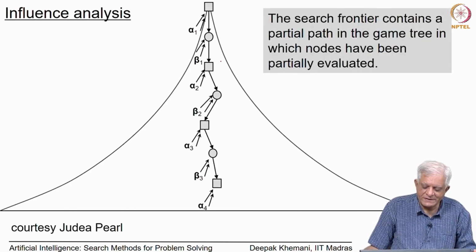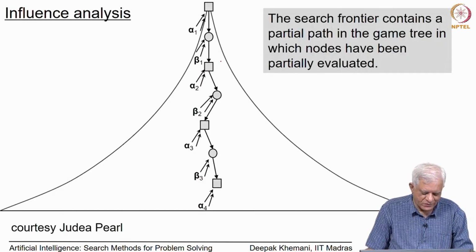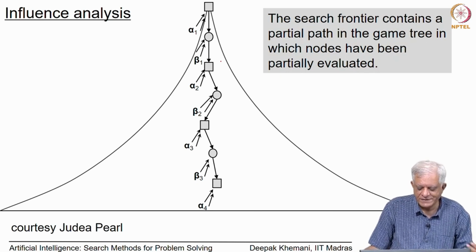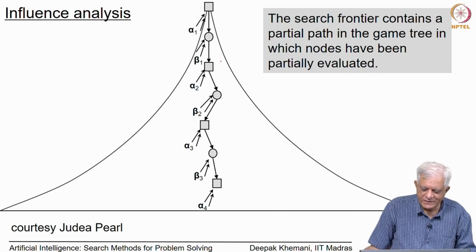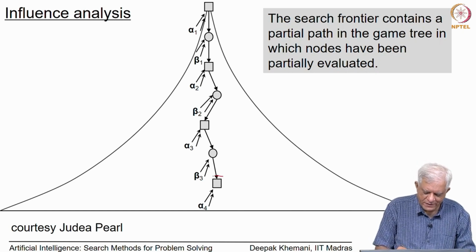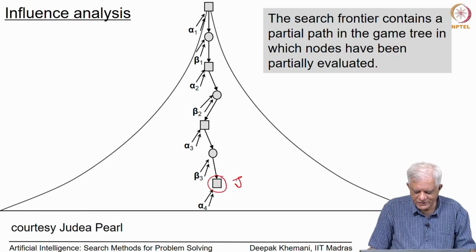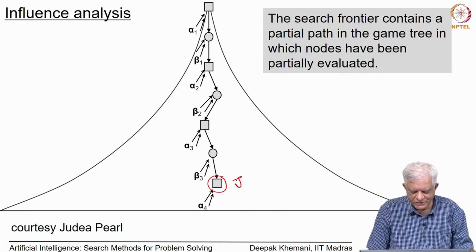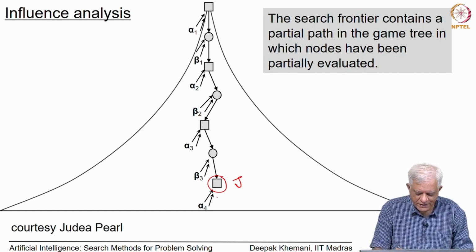So, we can do an influence analysis, and this is due to Judea Pearl from his book called Heuristics, where he describes this influence analysis of game playing. At any given point, you are exploring a node which we will call J, and you are in the process of exploring that node, which means you have got some values from the left children, which is called alpha, the value that it has got so far, and it is looking at other children below that.